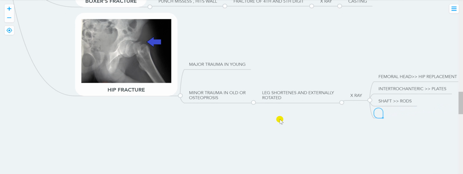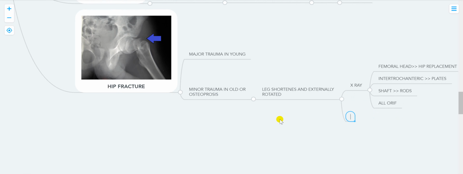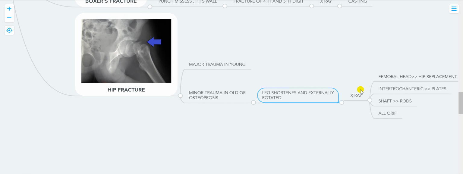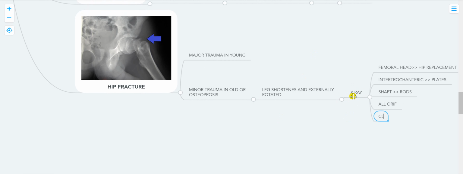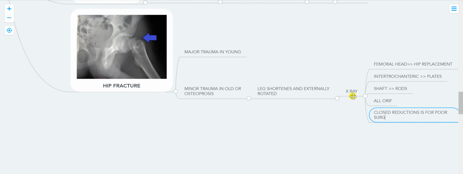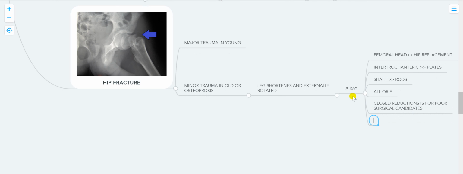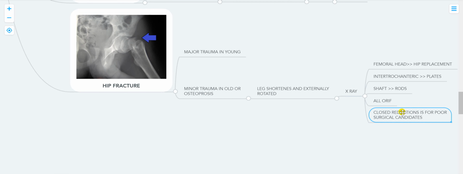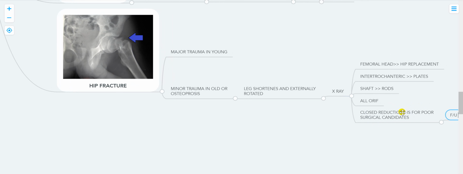All open reduction internal fixation. Closed reduction is for poor surgical candidates. What do we need to follow up with?